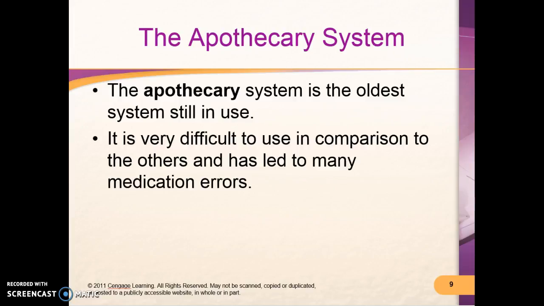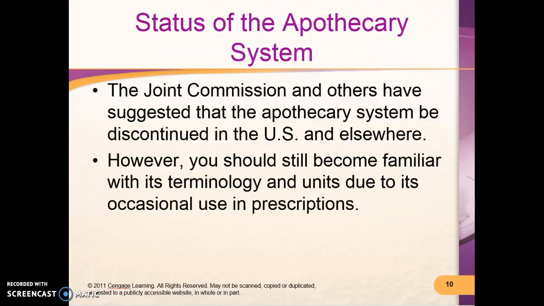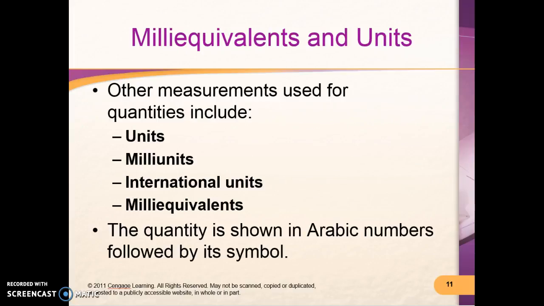When you think of the apothecary, it's just not recommended that we use. You'll see the status here is that JCAHO says we really shouldn't be using it, but there are still things out there that are measured in the apothecary system, so that's why we want to be familiar with it. Milliequivalents and units are other units of measurement that you may see quite a bit of.